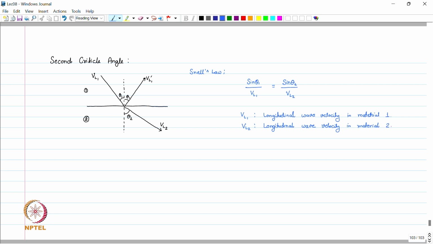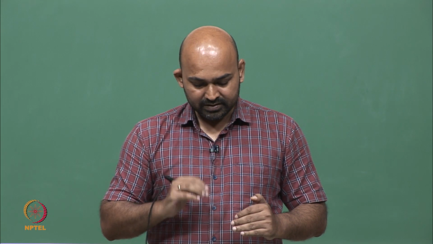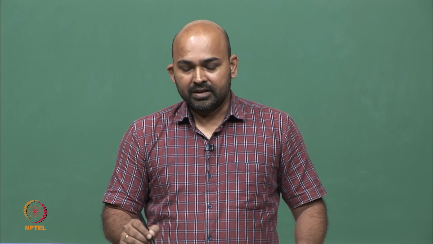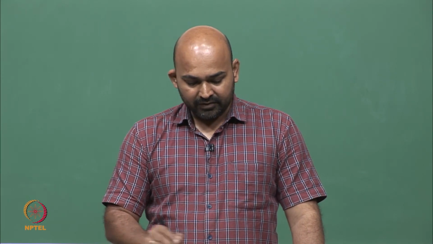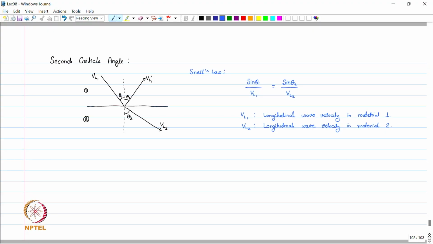So, this is the case when a longitudinal wave is hitting the surface of a piezoelectric material. Some part is reflected and some part is refracted, and Snell's law is given by sin theta 1 upon VL1 is equal to sin theta 2 upon VL2, where theta 1 is the angle of incidence.